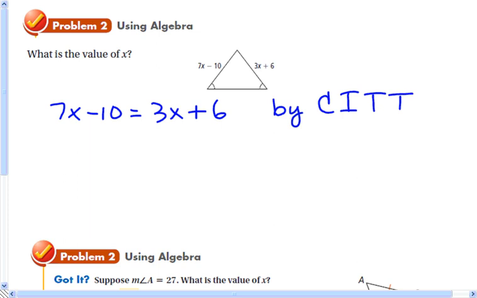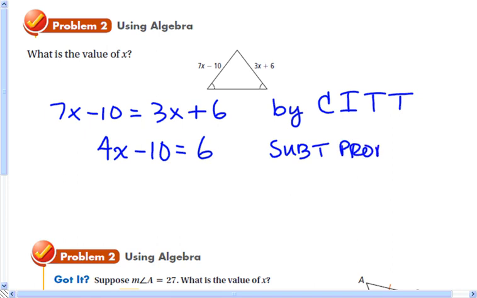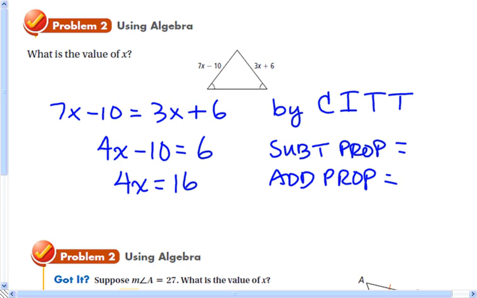Then we can say 4x minus 10 is equal to 6, and that's by the subtraction property of equality. And we can say 4x equals 16 by the addition property of equality. And we can say x is equal to 4 by the division property of equality.